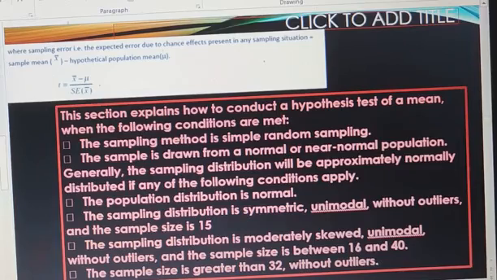The sampling distribution is symmetric, unimodal, without outliers, and the sample size is 15. The sampling distribution is moderately skewed, unimodal, without outliers, and the sample size is between 16 and 40. The sample size is greater than 40, without outliers.